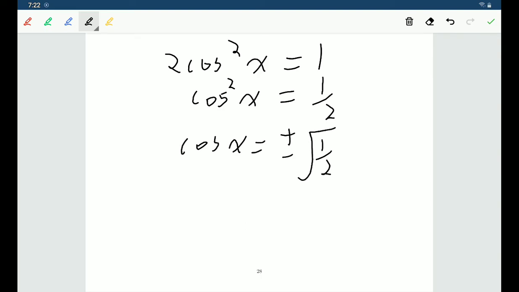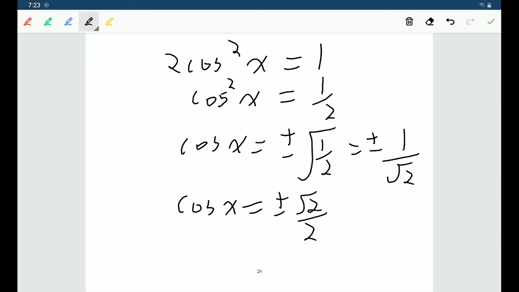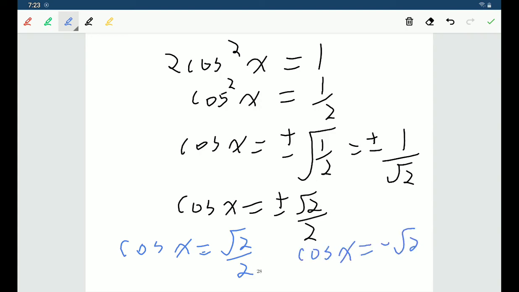And of course, the square root of 1/2 is the same thing as square root of 1, which is 1, over square root of 2. And of course, in simplest terms, 1 over root 2 is the same thing as root 2 over 2. So there are going to be two equations to solve here. One is the positive root, where cos of x is positive root 2 over 2, and the other one where it is negative root 2 over 2.